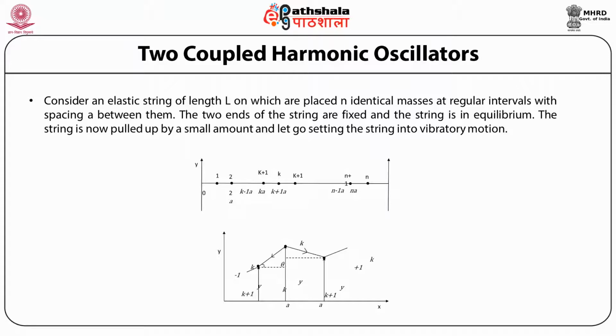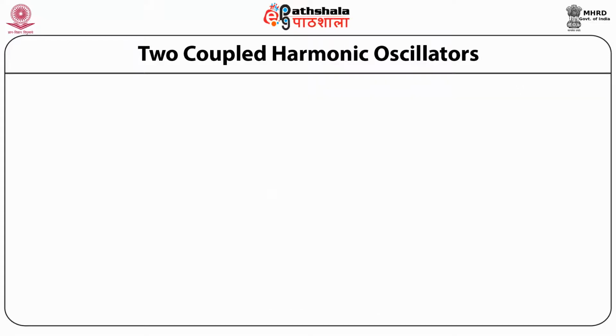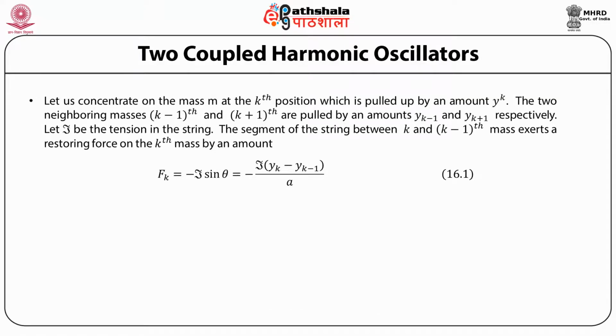as shown. Now, let us concentrate on the mass m at the kth position, which is pulled by an amount y_k. The two neighboring masses, the (k-1)th and (k+1)th, are pulled, as I said before, by amounts y_(k-1) and y_(k+1). Let T be the tension in the string.